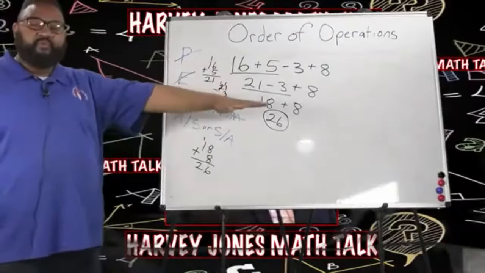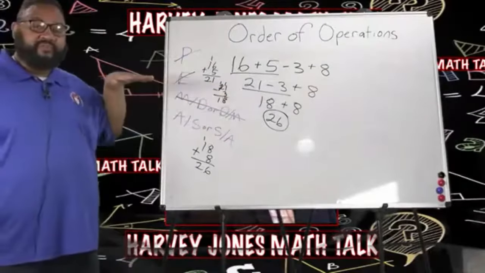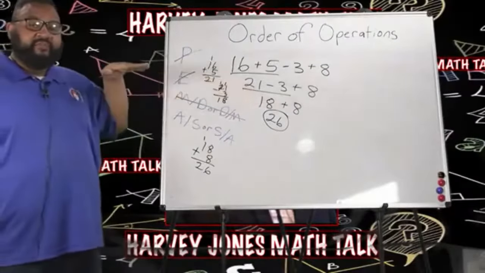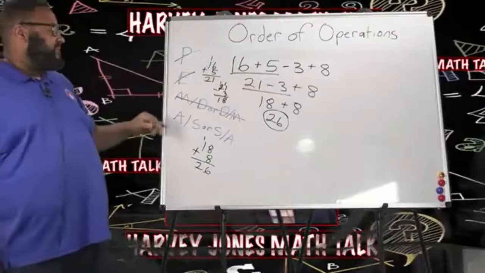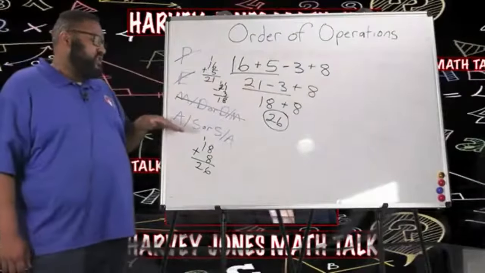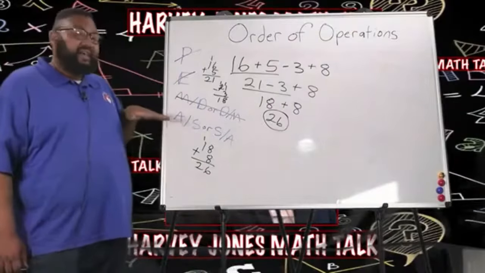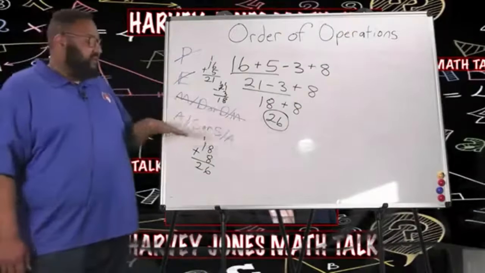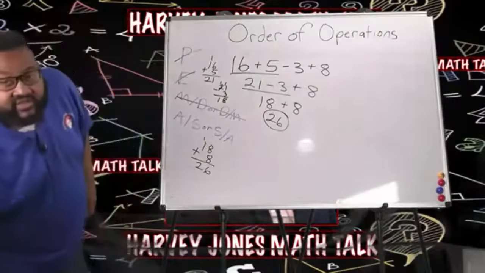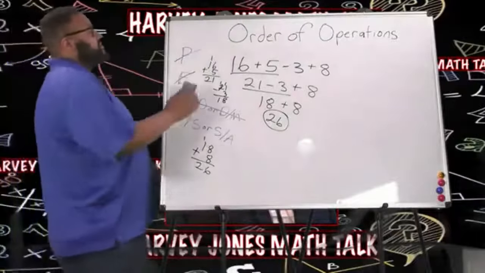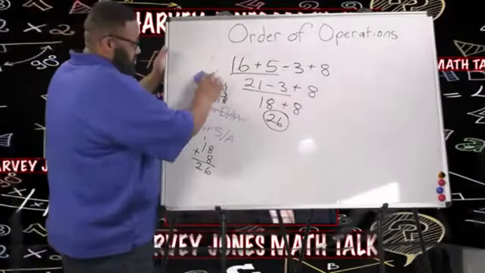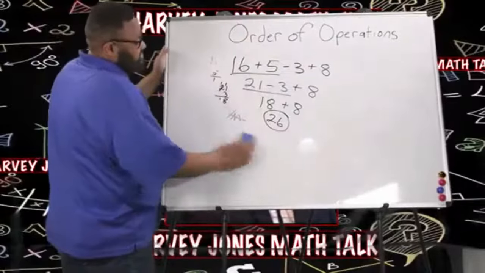But you got to go from left to right, whichever comes first. Then after that, you do addition, subtraction, or subtraction, addition, from left to right. Questions or concerns? The order of operations.